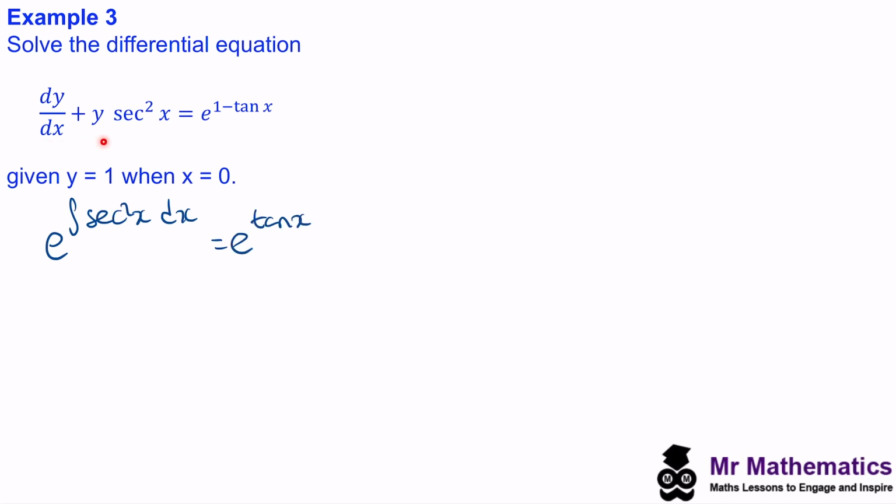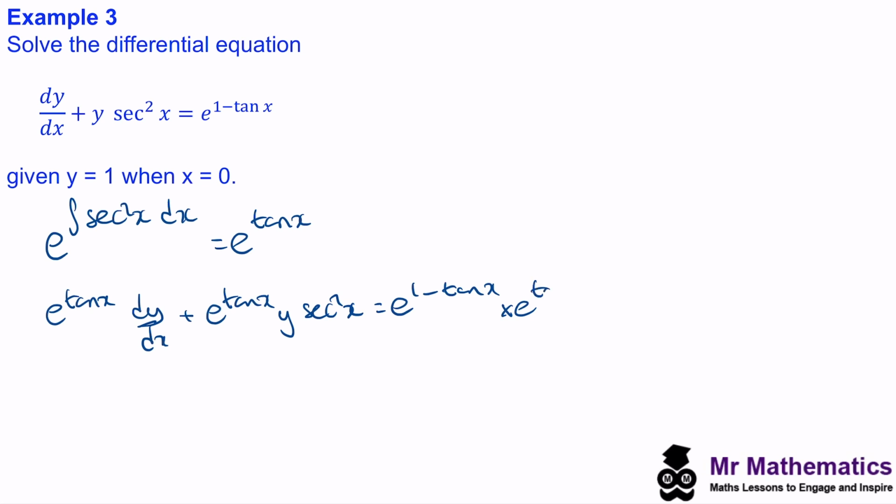So now we'll multiply both sides by e to the power of tan x. So we get e to the tan x dy by dx plus e to the tan x y sec squared x is equal to e to the 1 minus tan x times e to the tan of x.